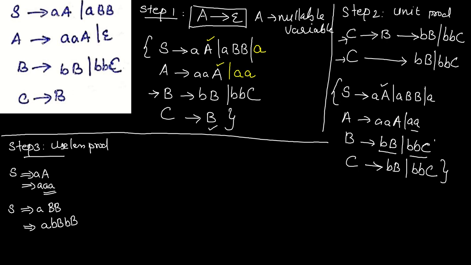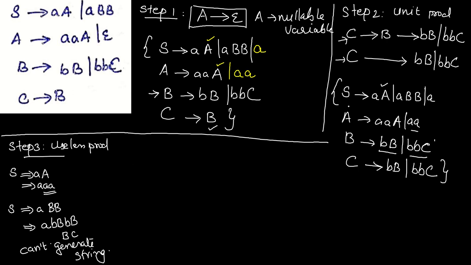Again here also one variable comes. So any time I substitute for B, either another variable B or C will come. That means this production cannot end in any string. This production can't generate a string.